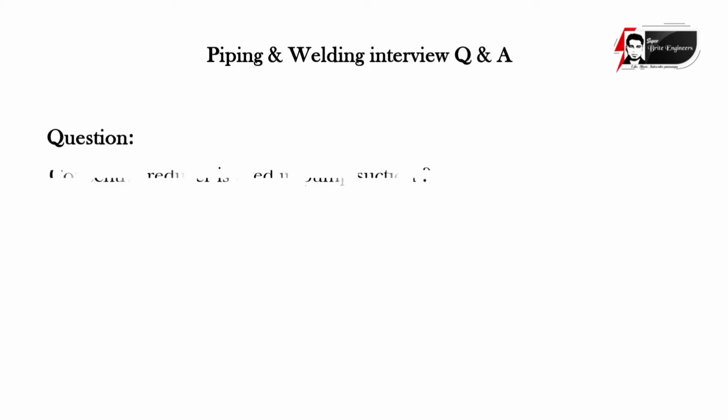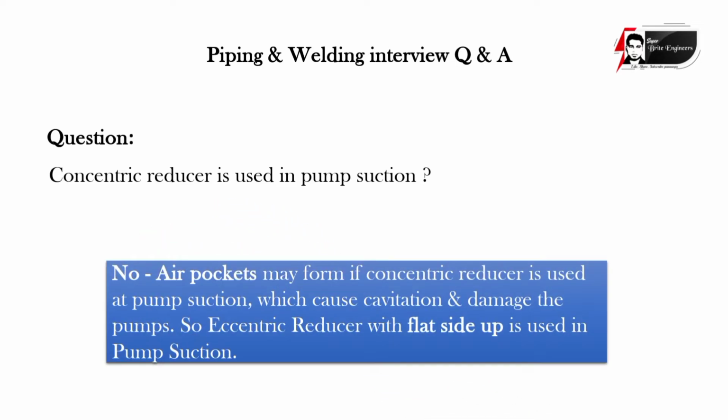Is a concentric reducer used in pump suction? No. Air pockets may form if the concentric reducer is used at the pump suction, which causes cavitation and damage to the pumps. So, an eccentric reducer with flat side up is used in pump suction.